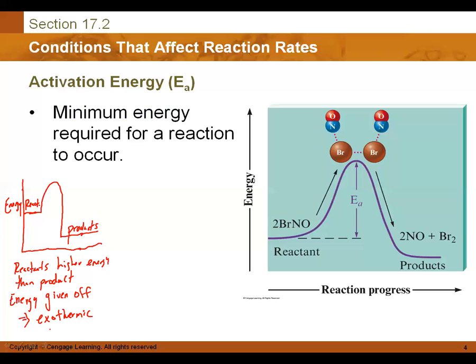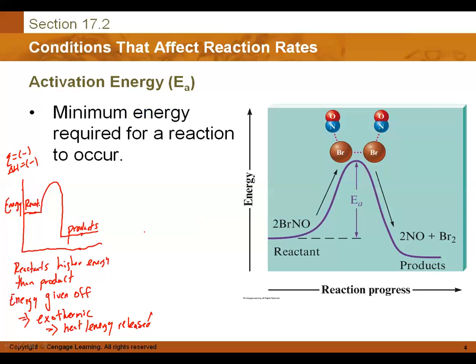Remember, exothermic means heat and energy is released. If you remember when we did all of those calculations with heat and energy, that is usually when we have a Q that is negative, or a delta H that is negative. Those imply exothermic type reactions.